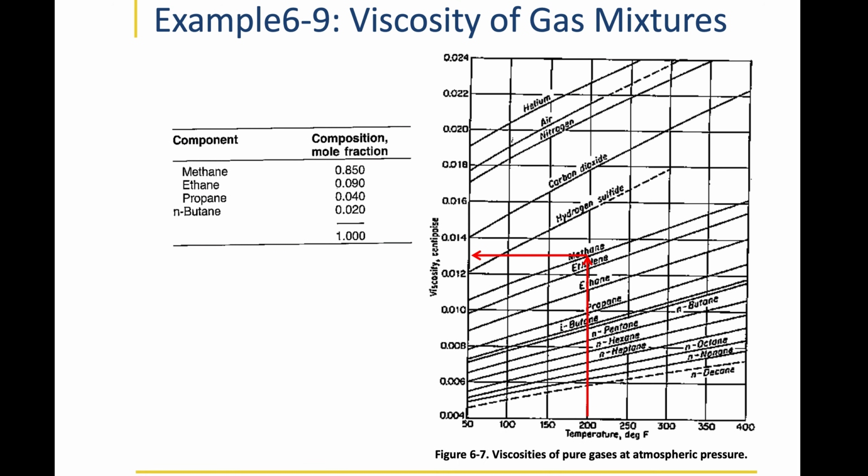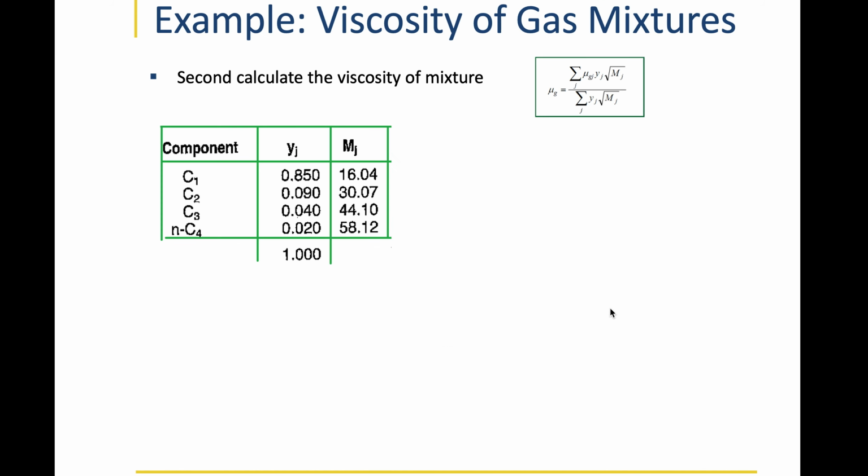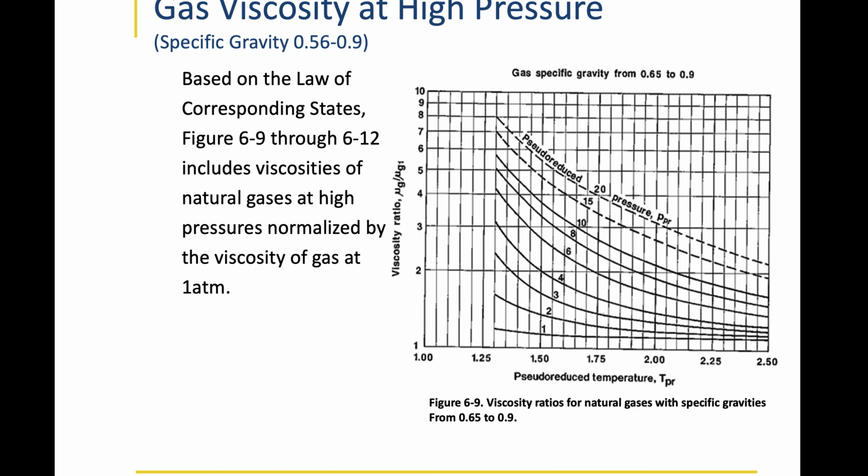Generally, I do have the specific gravity of the heptane plus, so I can use figure 6.8, knowing the specific gravity of heptane plus and the temperature, to find the viscosity of heptane plus at 1 atmosphere. So this graph can be used if you have heptane plus in your components.